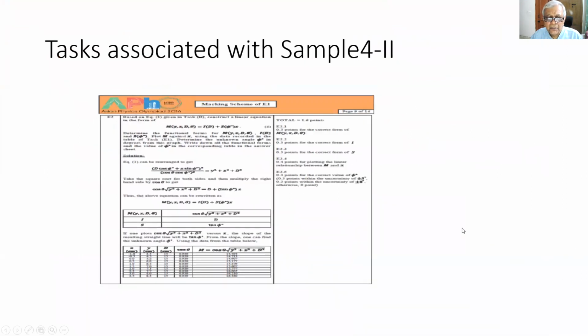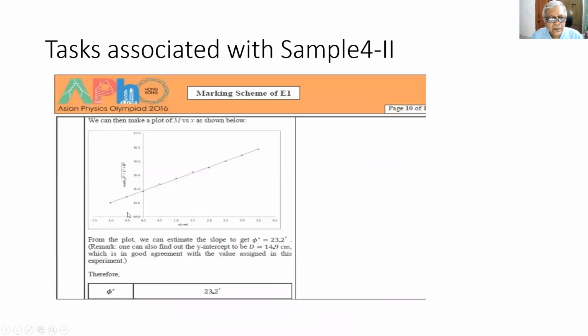Again, the data are picked up from the model answer sheet. Now, this is the linear plot, and then you look at phi equal to 23.2 degrees. Well, you have been asked to do this, and therefore you have to do this. But there would be a very simple way of getting the thing. You turn the sample till you get a straight line. Remember, when do you get a straight line?